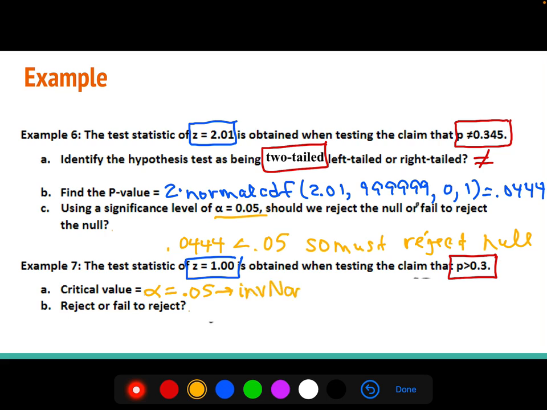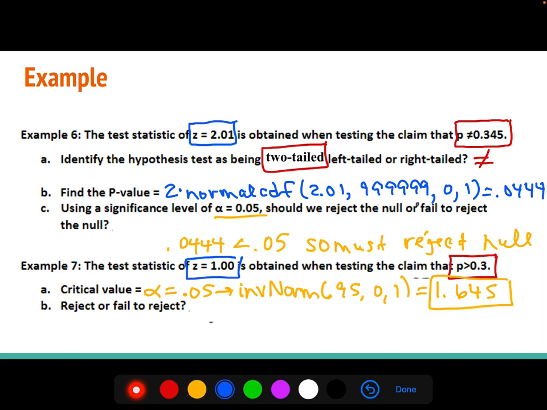We're going to do the inverse norm, because it's a Z, so inverse normal of the area 0.95, because 1 minus 0.05 is the area of 0.95 from 0 to 1. And that is a critical value of 1.645. So there's our critical value.